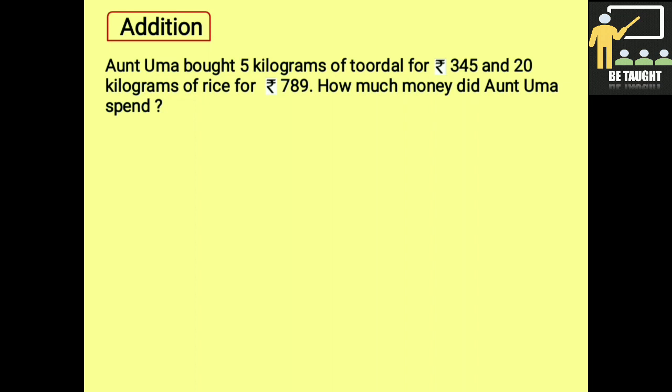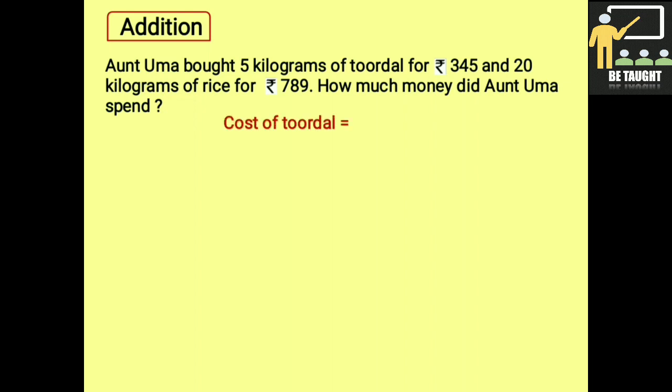Aunt Uma bought 5 kilograms of tur dal for rupees 345 and 20 kilograms of rice for rupees 789. How much money did Aunt Uma spend? So what information is given?